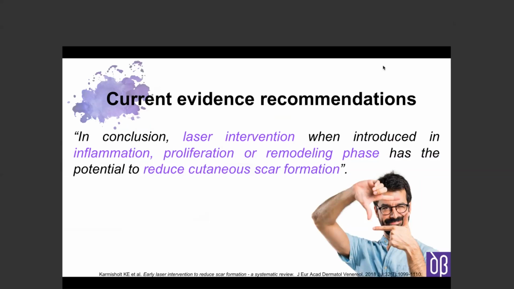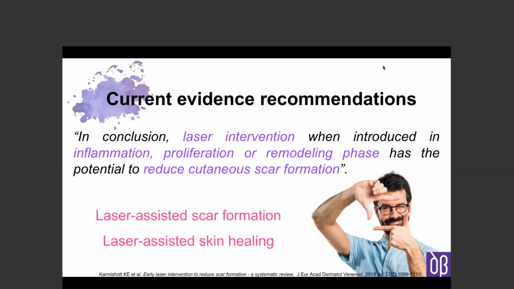Intervening with these lasers in these early phases has the potential to reduce cutaneous scar formation. We are doing what we call laser-assisted scar formation or laser-assisted skin healing. We do not wait 1 or 2 years to revise the scar, but we take an active way of regulating how this scar tissue is formed.